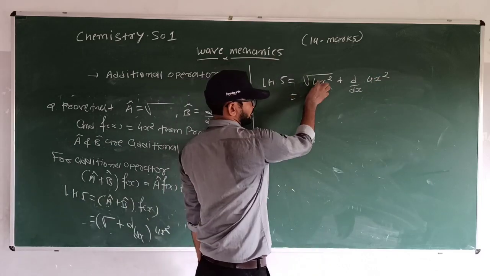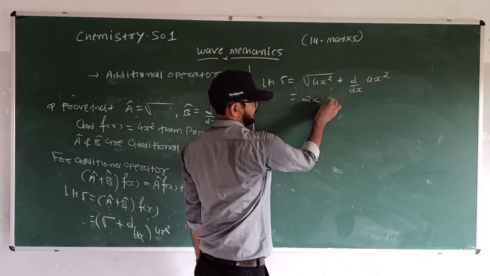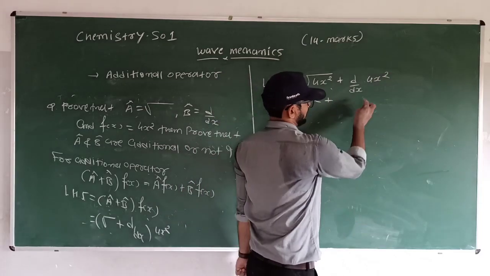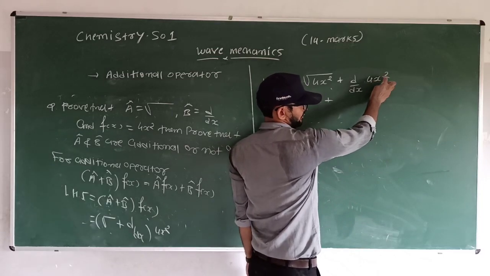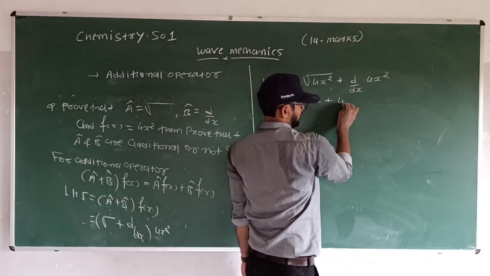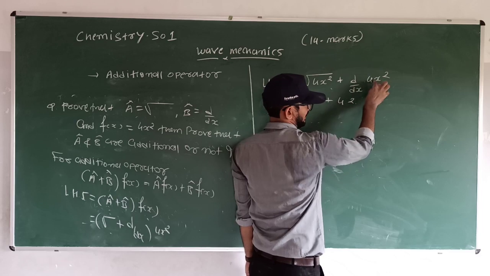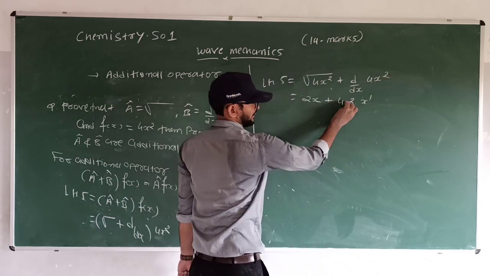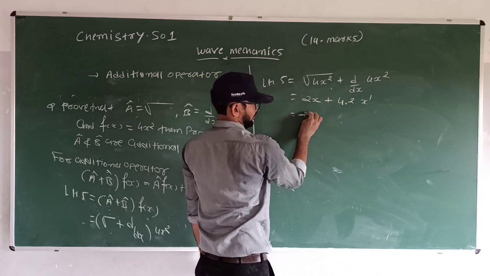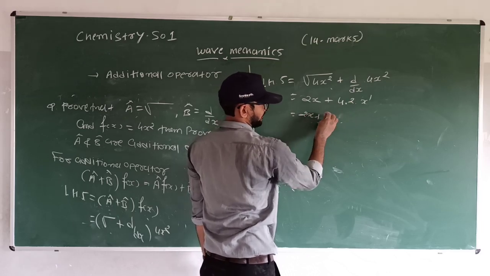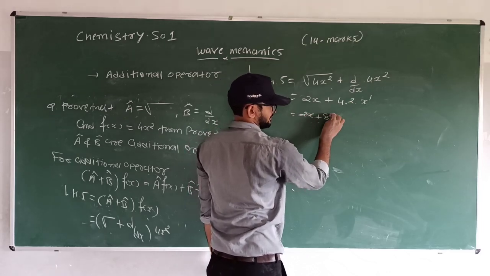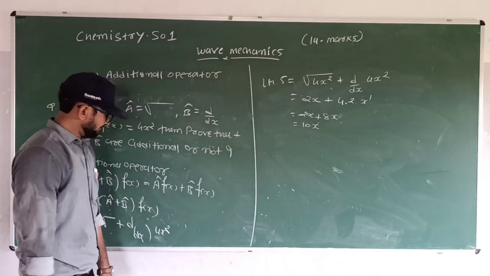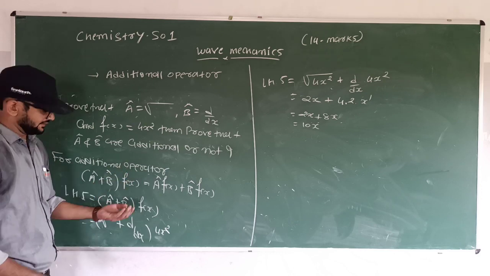The value of under root of 4x squared is 2x, plus d/dx of 4x squared. It means 2 comes from here and 2 minus 1, so 4 into 2 times x to the power 2 minus 1 is 8x. So 2x plus 8x, and the value of LHS will be 10x.